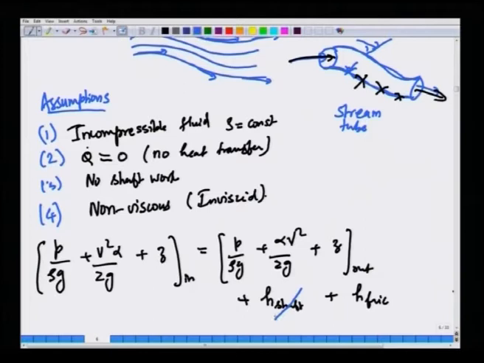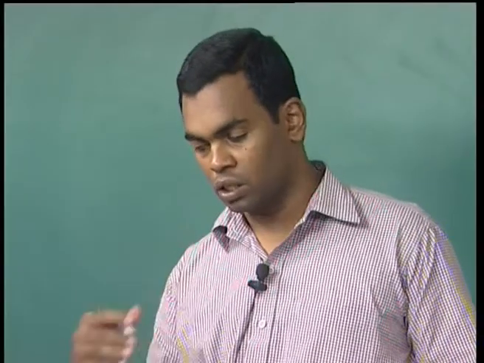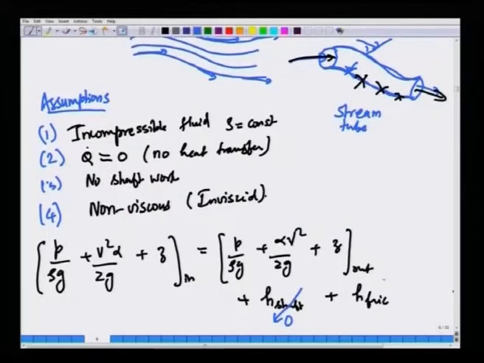We are saying that there is no shaft work, 0, and there are no viscous shear stresses at the sides, because we are assuming the fluid to be inviscid or non-viscous. So, there are no viscous stresses, the work done by viscous stresses on the control surfaces of the CV is 0. There is no viscous loss because the fluid is inviscid. This is a very critical assumption, and we will assume uniform flow, so alpha is set to 1, that is a further assumption.